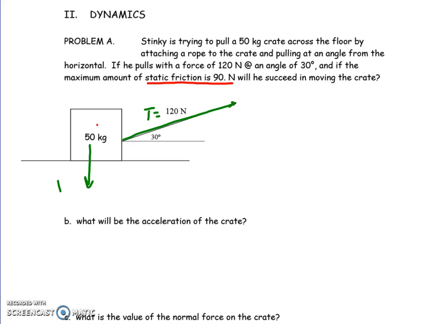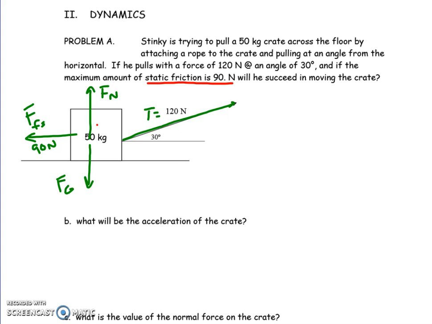So we have F of G, and it's not falling down. So something must be holding it up. Then the floor is helping to hold it up. There's a normal force. And you were told that there's static friction. Since we're trying to pull to the right, static friction is going to be to the left. So I'm going to call that F sub F, and I'm going to put an S there for static friction, and I'm going to label this as 90 newtons.